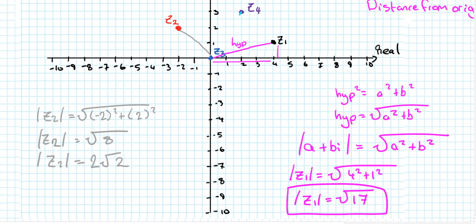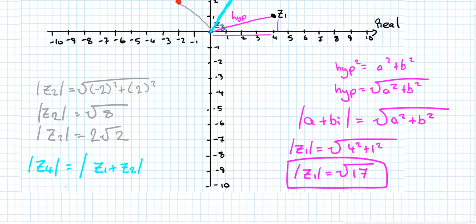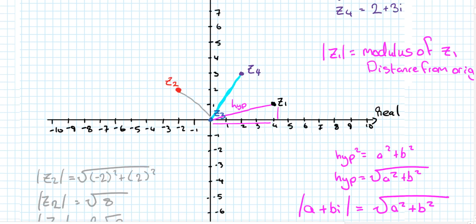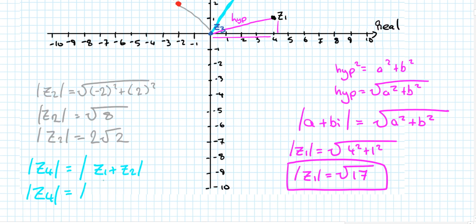And the last one then, what's the modulus of Z4, which is the modulus of Z1 plus Z2? Remember I said Z4 was Z1 plus Z2. So I would first need to find what Z4 simplified down to. It was 2 plus 3i. So even if it's a Z1 plus a Z2, make sure you simplify it.